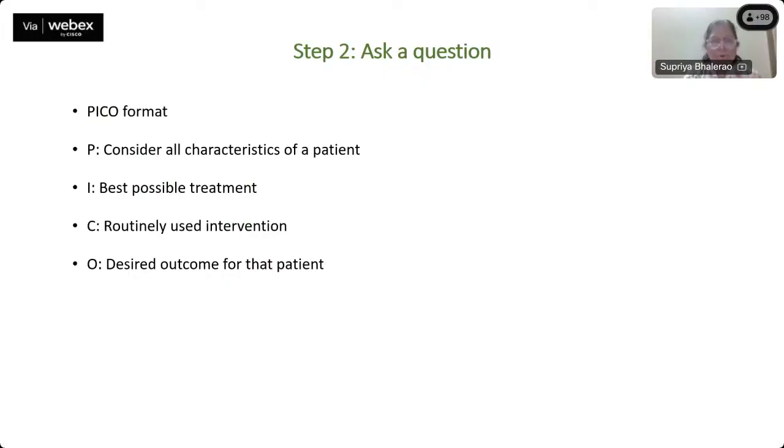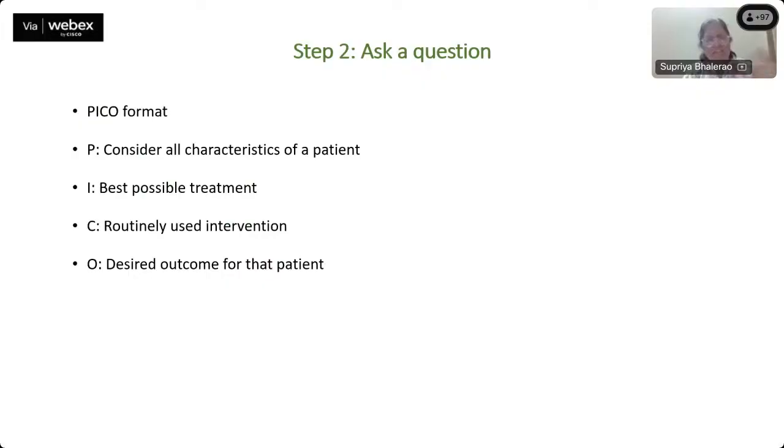Now, how is it useful here? A patient is sitting in front of you. So P is the patient who is sitting in front of you, considering all his characteristics, that he is old, he has diabetes, he has hypertension also, he has a history of MI in the past, whatever it may be. Intervention is that you want to give the best possible treatment to this patient. C is control, that is the routinely used intervention.